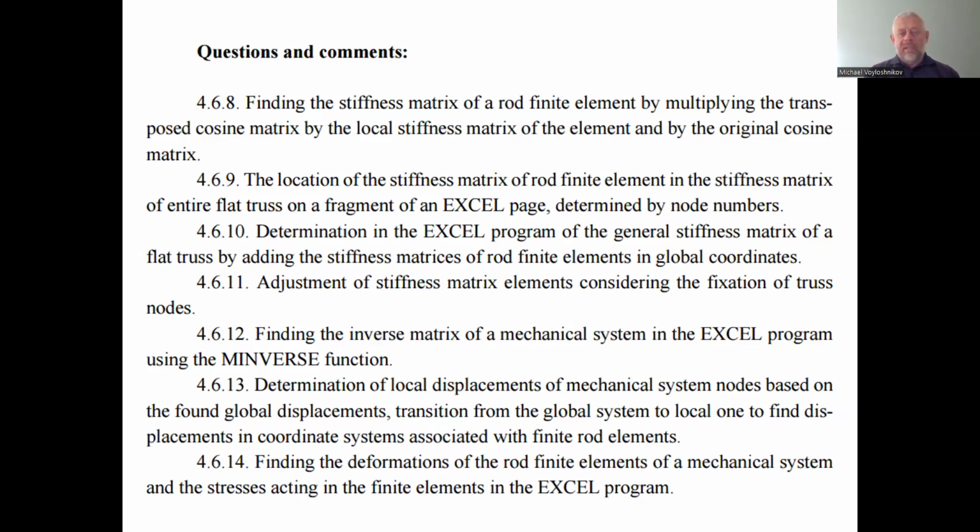This is like using the incidence matrix of the correlation between the displacements of the nodes of the discrete model and the ends of the finite elements connected in these nodes. This is the incidence matrix we considered in article 4.4.